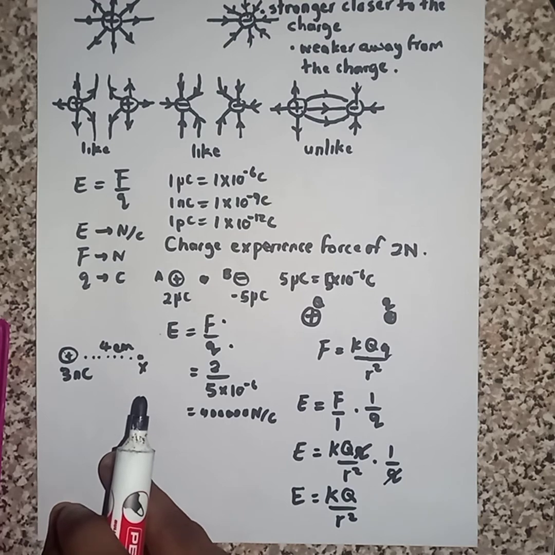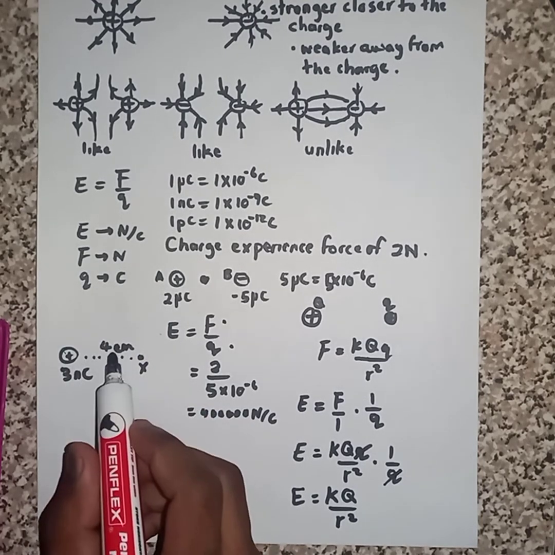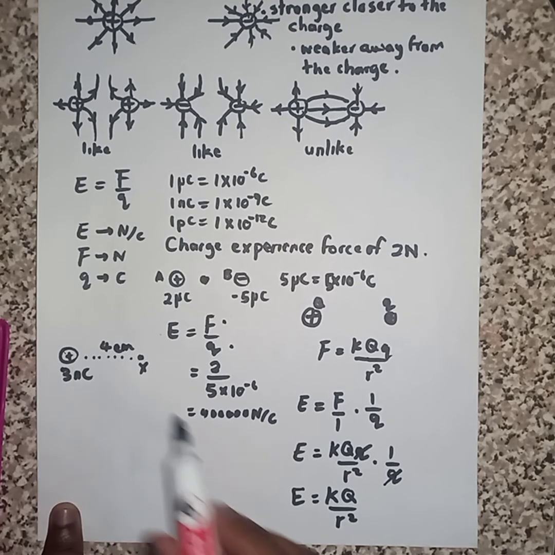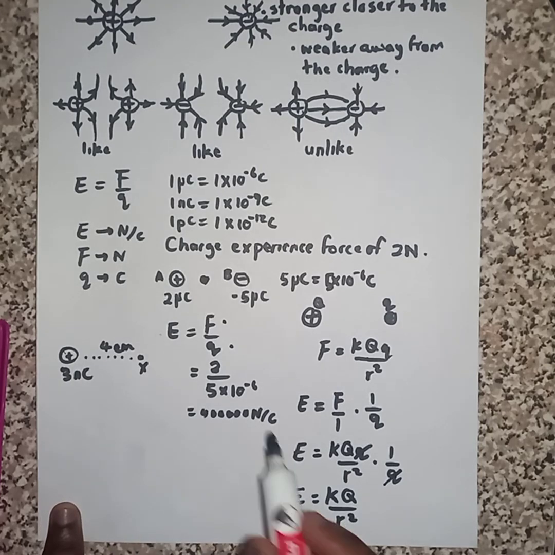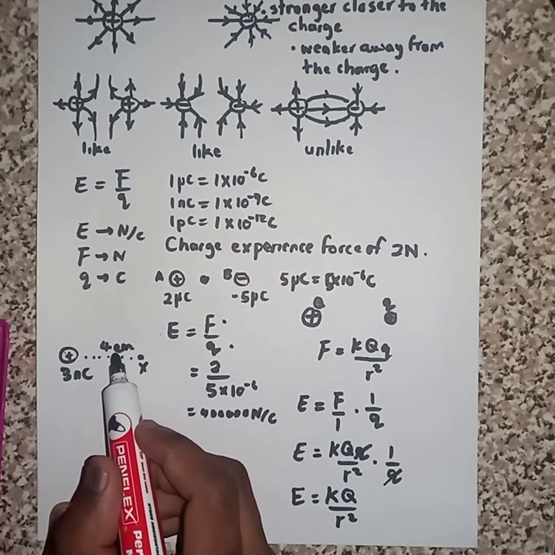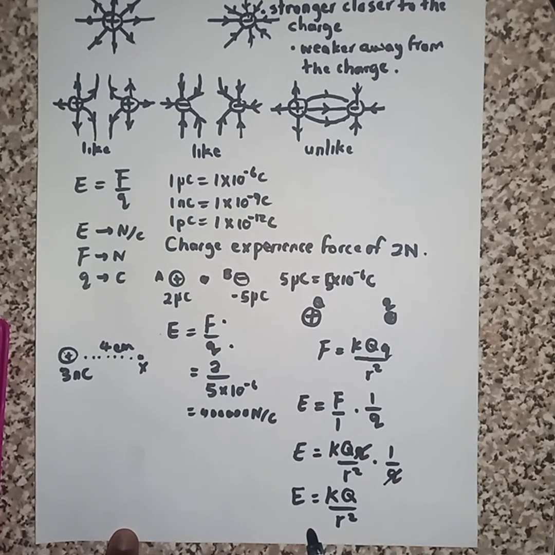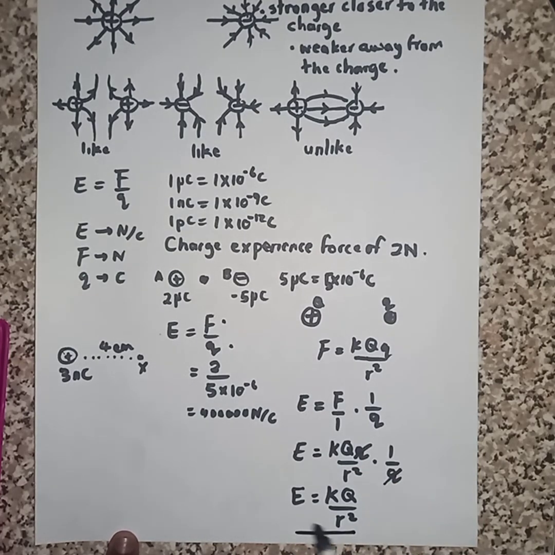Now the situation has changed. We have a distance. It is different from the first one. Now we have a distance. We no longer have a force. Then we are going to use this formula, which is K, proportionality constant, Q divided by R squared.